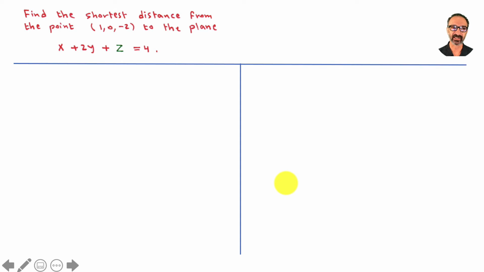Find the shortest distance from 1, 0, negative 2 to the plane x plus 2y plus z equals 4. Now, we know that we have similar examples in calculus 1, but this is interesting because it's in 3D.